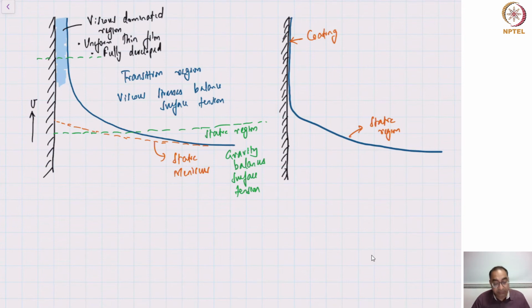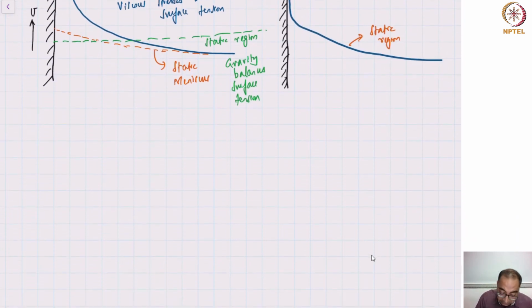Now, doing a full-fledged matched asymptotic procedure is beyond the scope of this course, but instead what we will do is use clever scaling analysis to basically get the dominant scaling law. Remember the scaling law that is of interest to us.